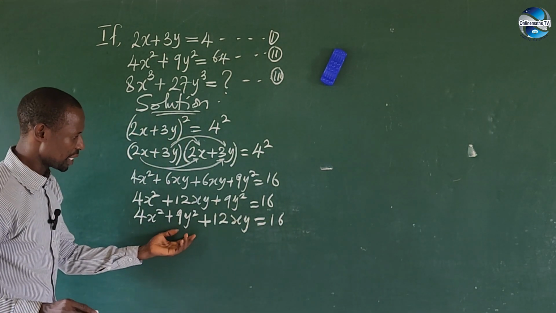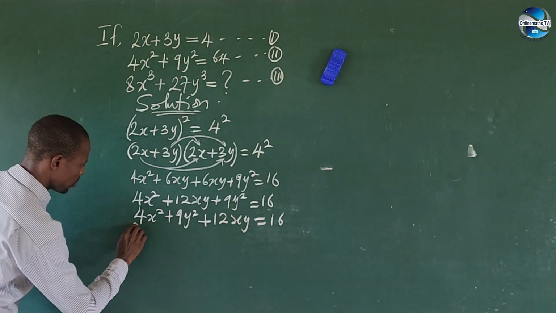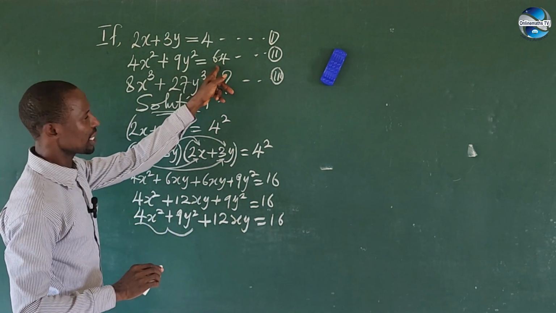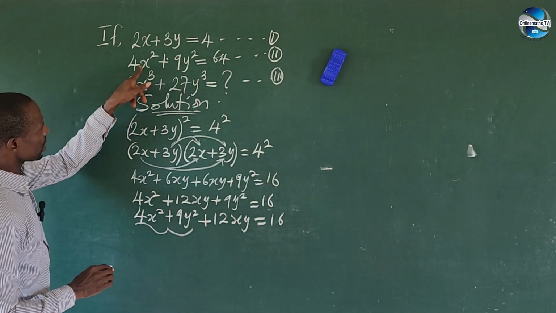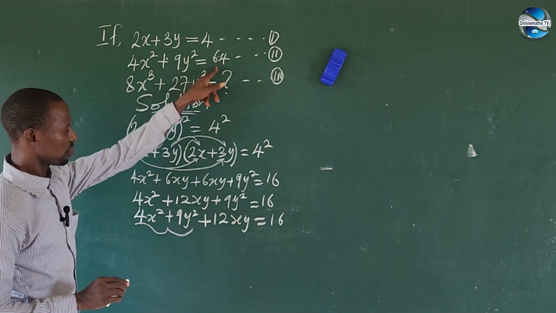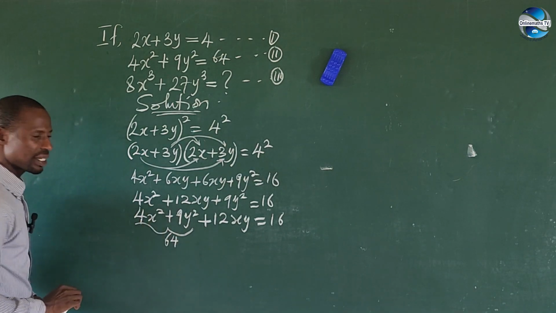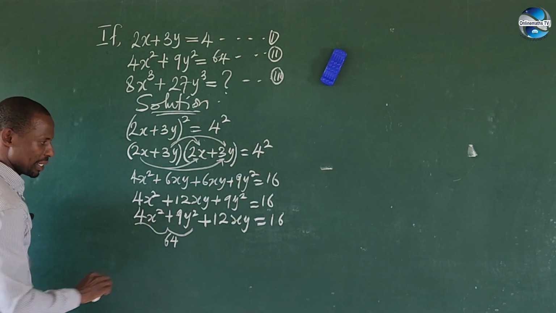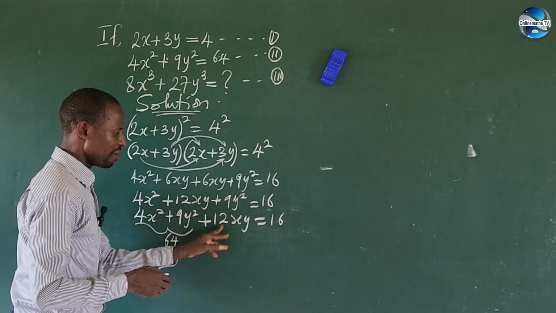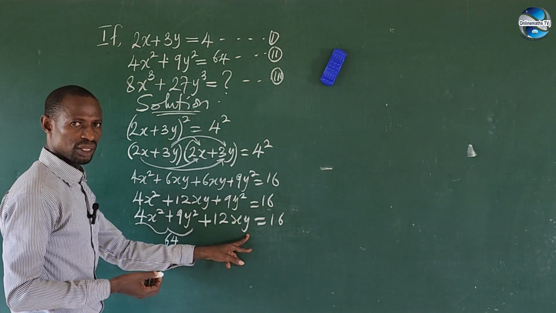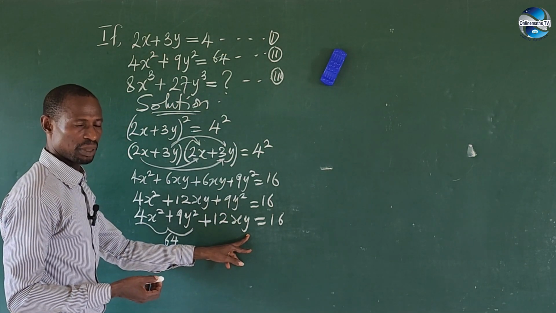What we do here now is very easy. The whole of this place here, we replace it with 64, because here we have 4x squared plus 9y squared equals 64. So we can put in 64 in place of this. Then for our 12xy, we have to make xy the subject of the formula.